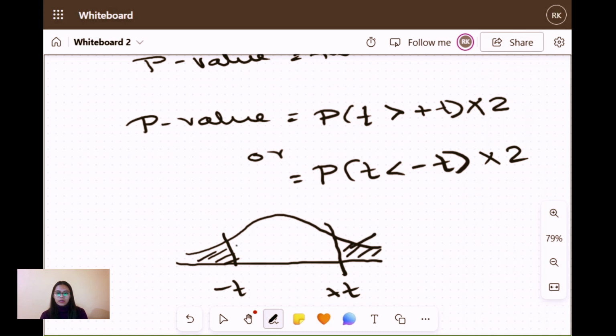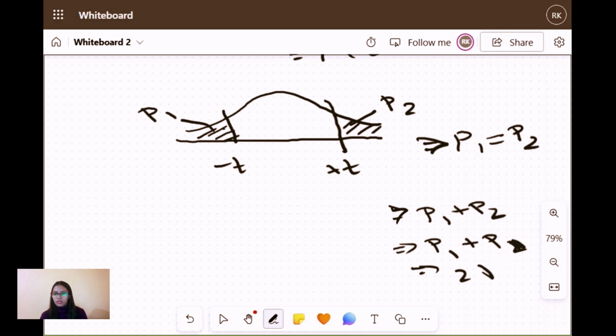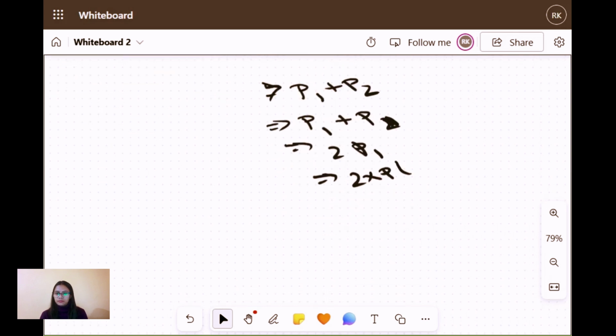Suppose this p-value is p1, and this is p2, and both are equal, basically: p1 equals p2. Both areas are equal, which is already proven, so p1 plus p2 is 2 p1, which is nothing but 2 times the probability of t less than minus t. Got it? So this is how p-values are defined.